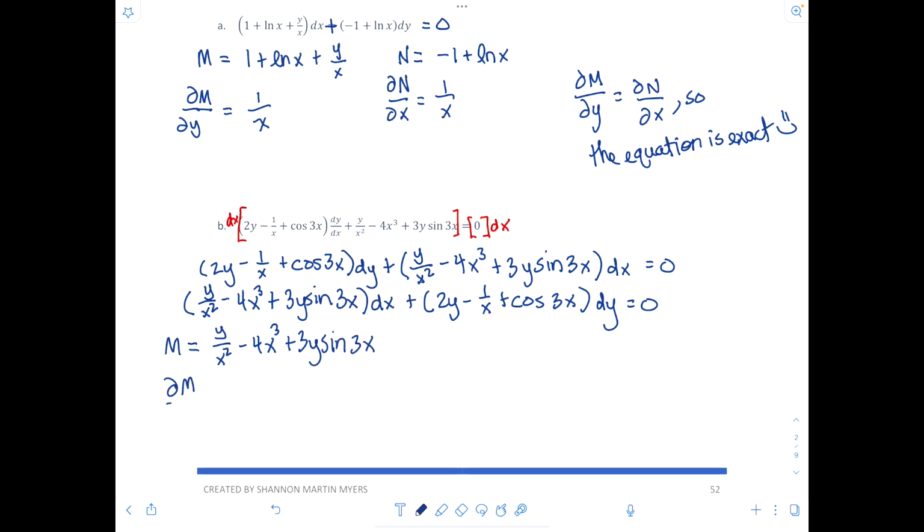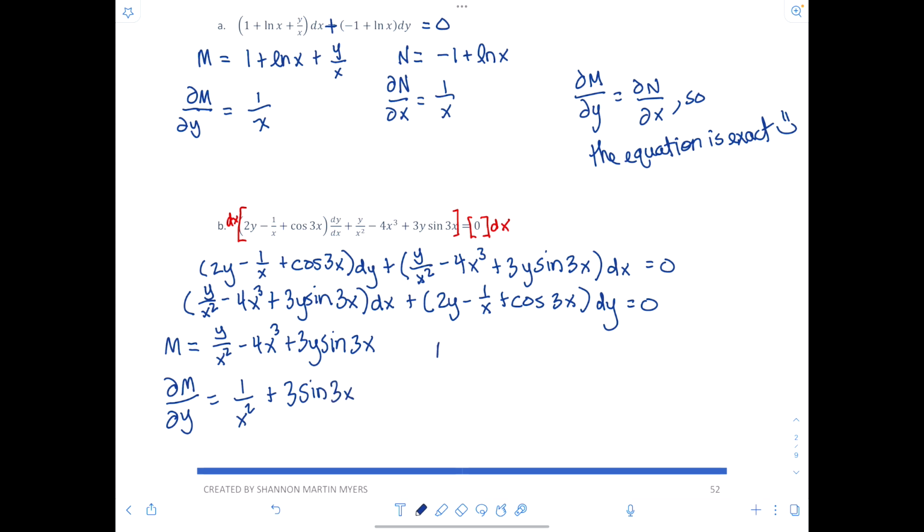Finding that first partial of m with respect to y, we'll get 1 over x squared, and then the second term zeroes out, and then the third term, be careful, we'll have plus 3 times sine at 3x.